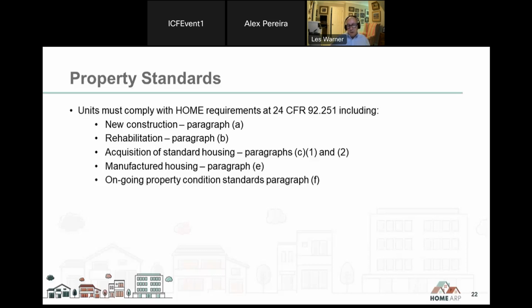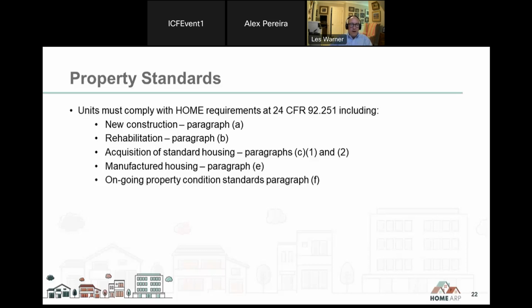We have requirements specifically for acquisition of standard housing and the documentation that would need to be in place on that. Manufactured housing is something that's eligible under the HOME program, and so we have a separate set of standards that would apply. Keep in mind, you probably have an overlay of state and local property standards that would also apply to this.